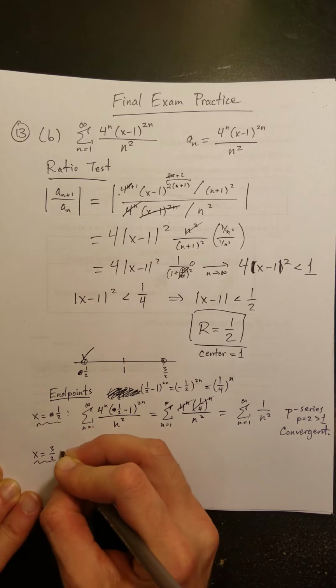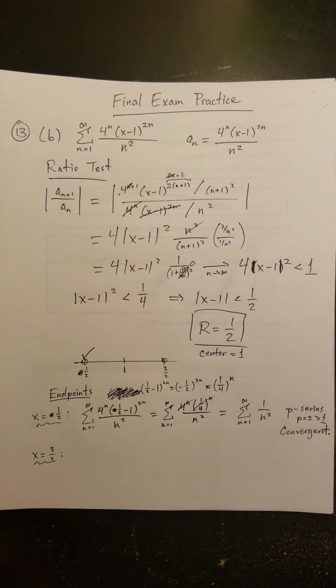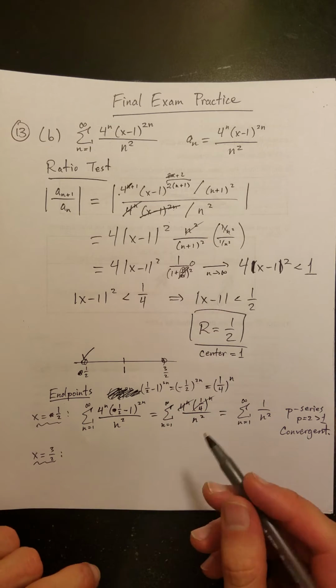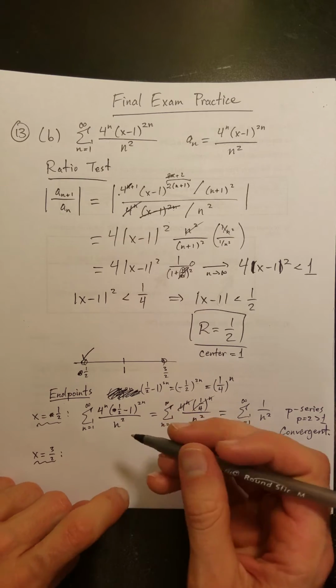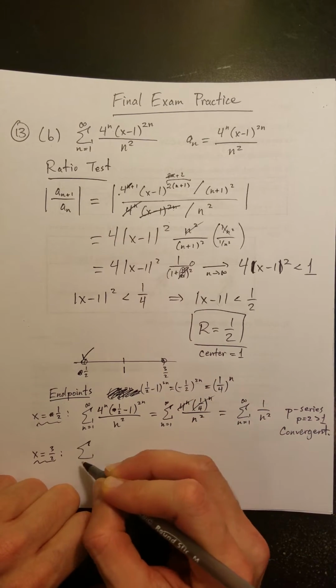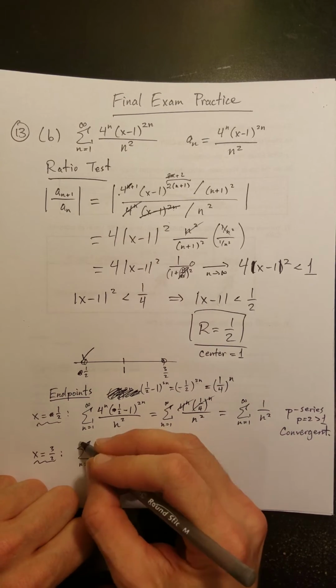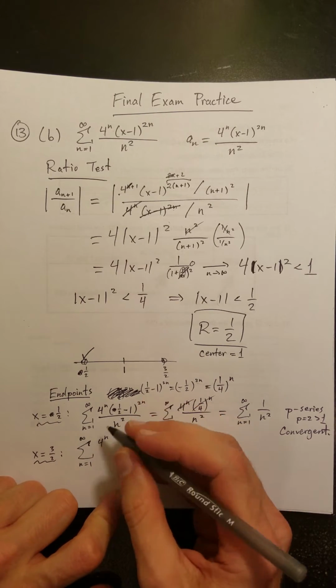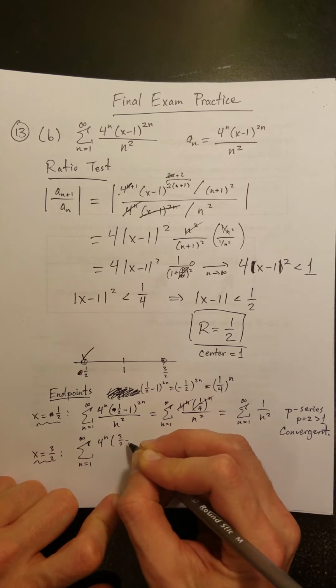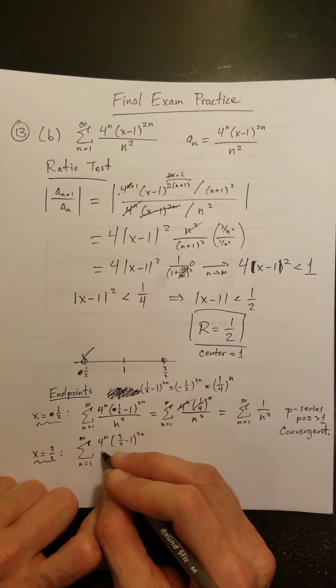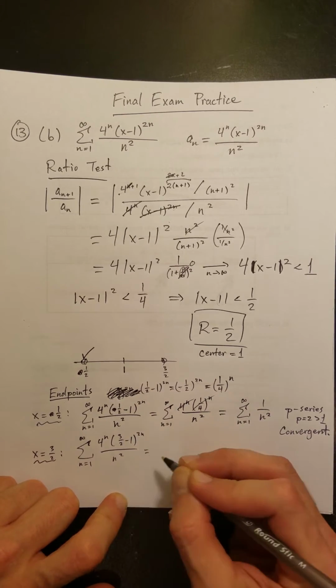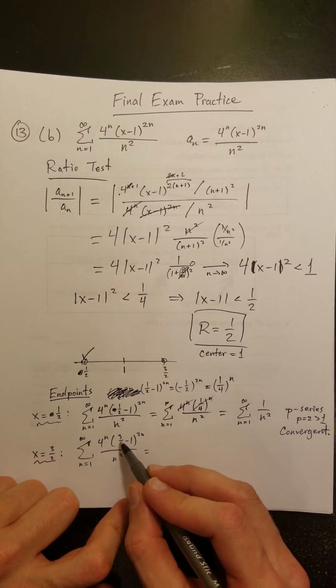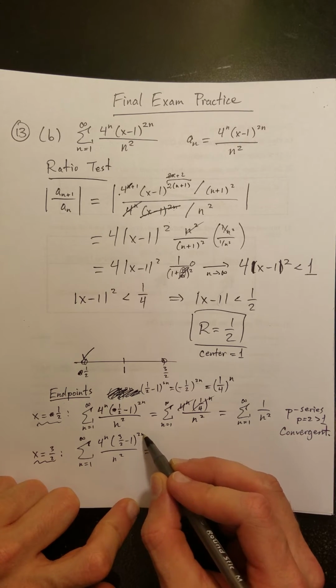And so now we just need to check if this series converges at x equals 3/2. So when we evaluate at 3/2, we get the series 4 to the power n times (3/2 minus 1) to the power 2n divided by n squared. So we need to simplify the numerator again, but you'll see that this is (1/2) to the power 2n.